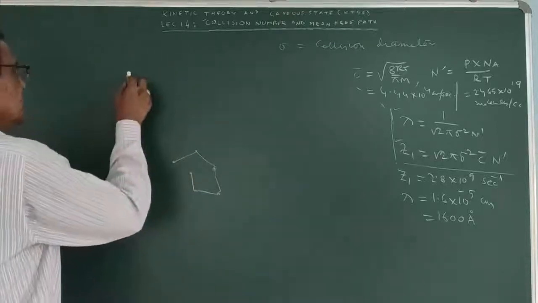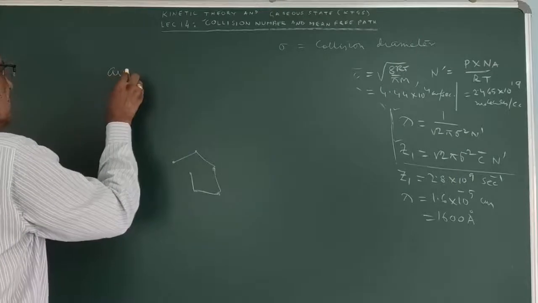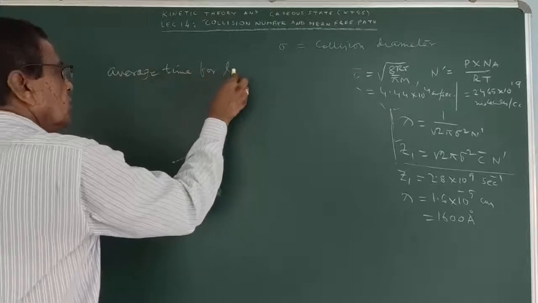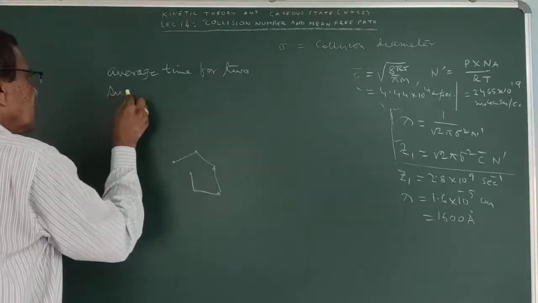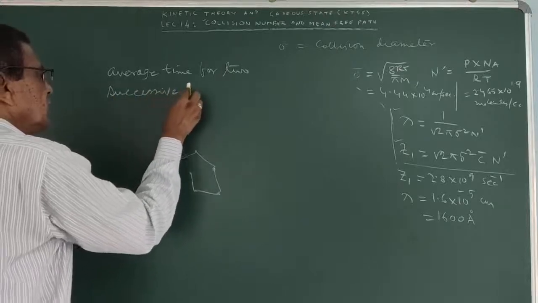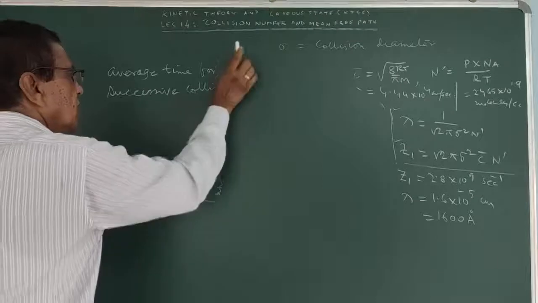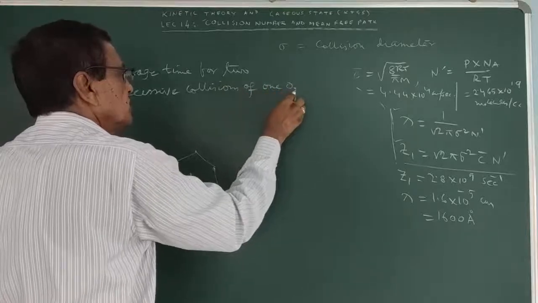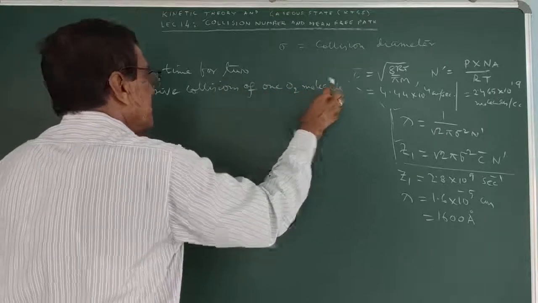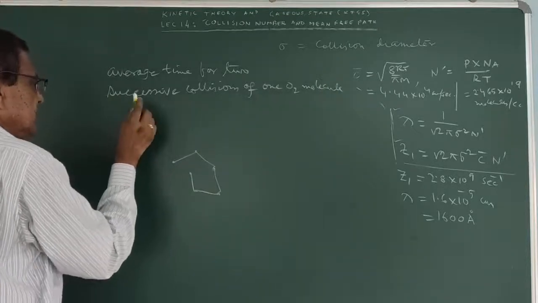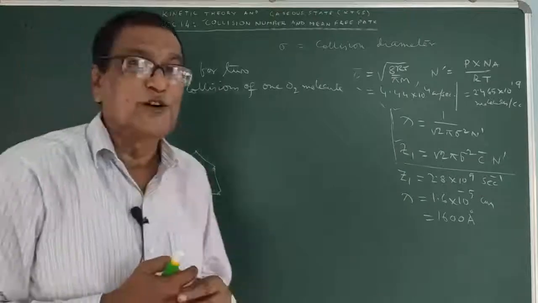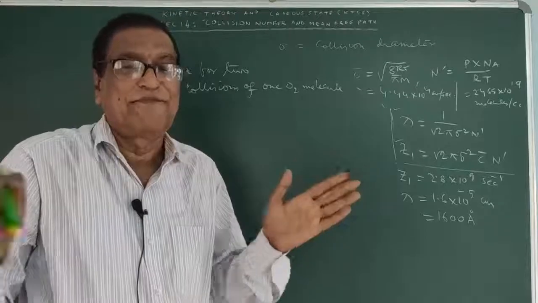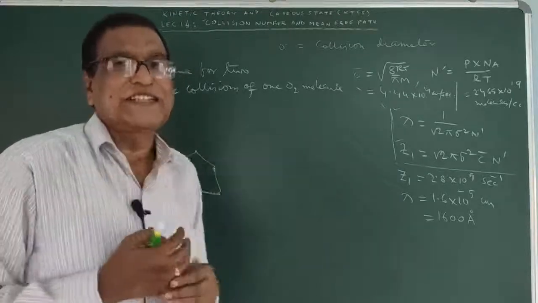So this T average is the time required for a molecule to get another collision, or the time gap between two successive collisions.